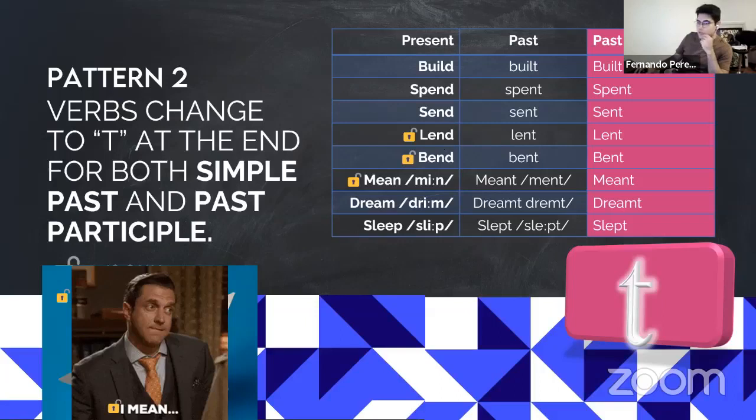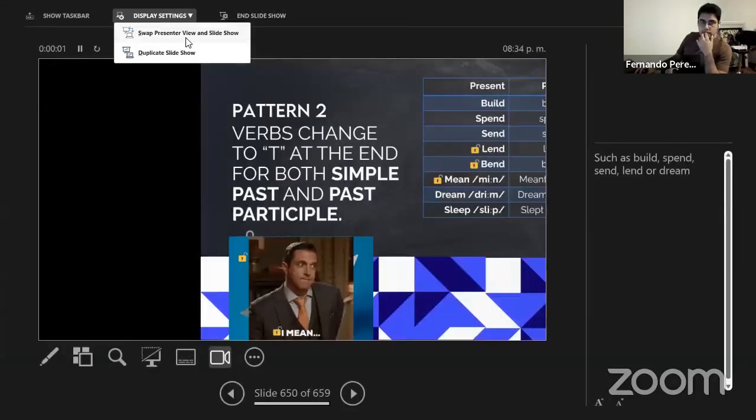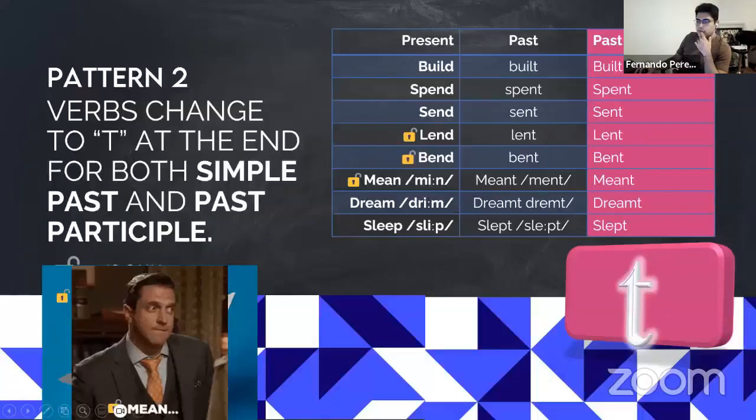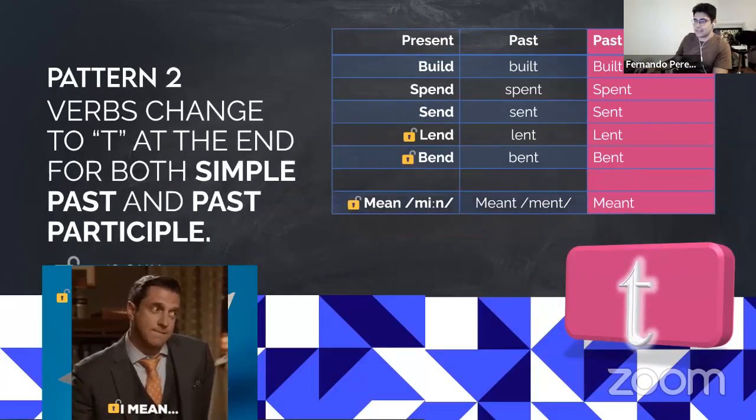The rest is new vocabulary, so let's focus on the easy vocabulary in this moment. So we can go quickly. I think it's very easy to consider build, spend, send, dream, and sleep, no? The rest are easy.